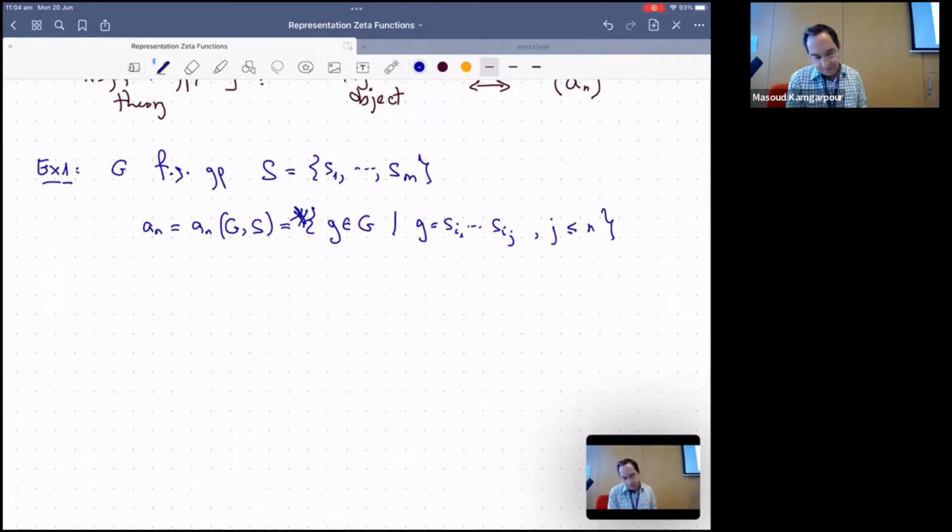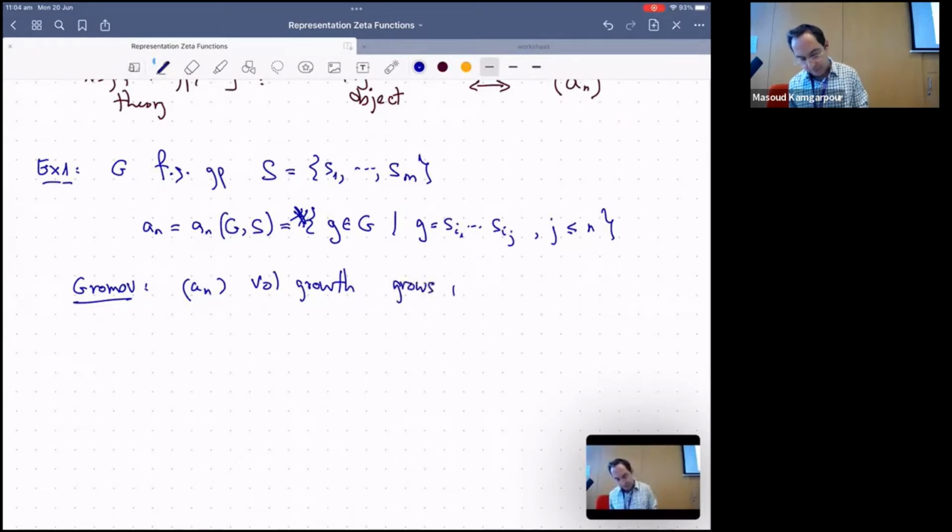And a famous theorem by Gromov proved that this sequence grows polynomially, or say is bounded by a polynomial. This is the volume growth sequence, and A_n grows polynomially if and only if the group G is virtually nilpotent.